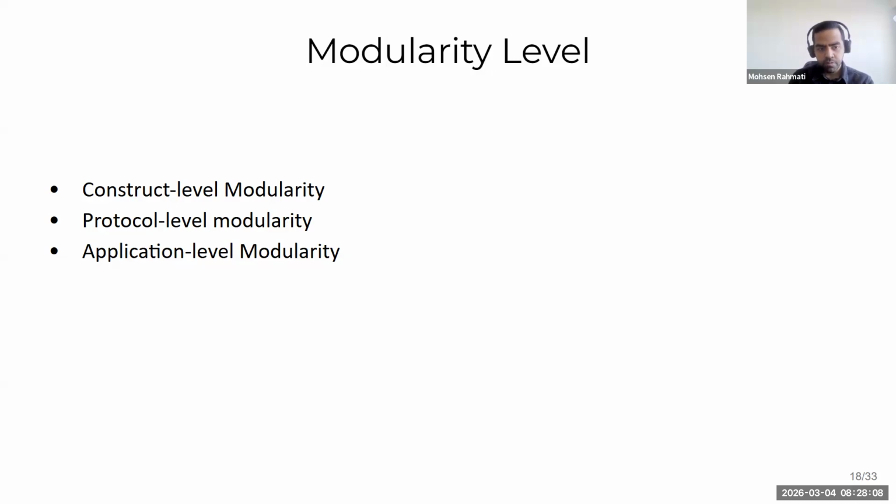I mean, one IP version 4 protocol can have a parser, header, struct, parser states, and also table and action, so we can consider it at this level. And also application level modularity, for example, merging a firewall with tunnel code.